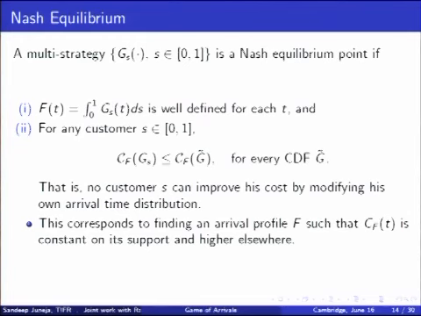Okay, so Nash equilibrium in this setting is, each customer now is an infinitesimal point in the interval say 0 to 1. So each customer s chooses their distribution G sub s.